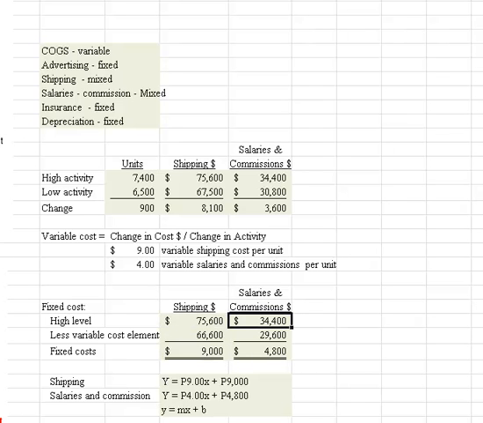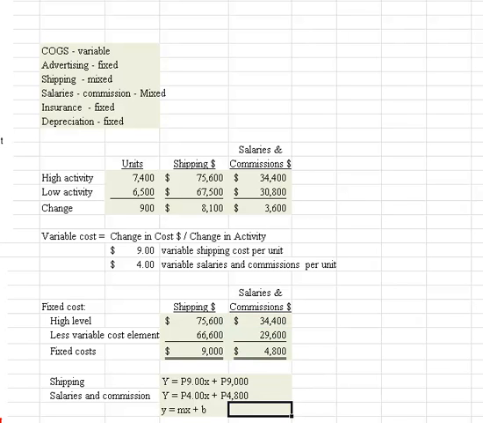We knew the total amount at the high level was 34,400; the information was provided. Then we multiply our $4 variable cost times the number of units at that high level to come up with the variable component of total cost. It's 29,600. So the fixed cost is what remains, which is 4,800.